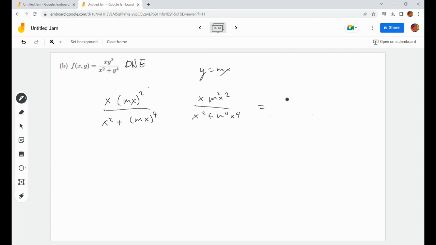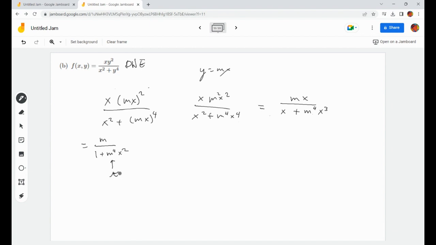First we should get rid of x, right? So we can do mx divided by x, because there's one x, plus m^4 x^4. We can do that again, which equals m divided by 1 plus m^4 x^2.